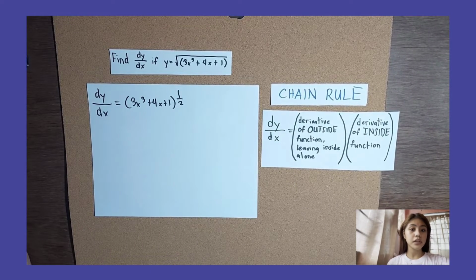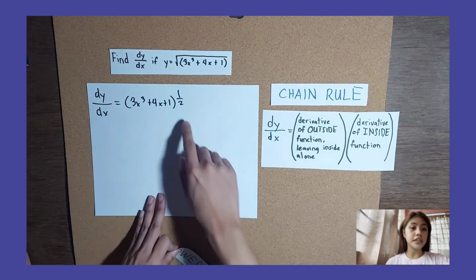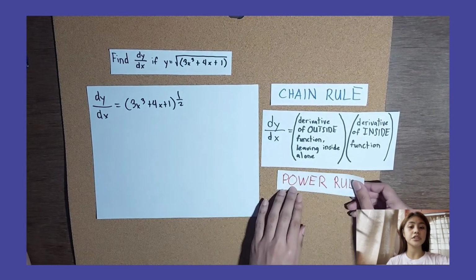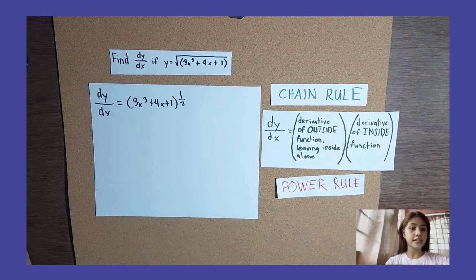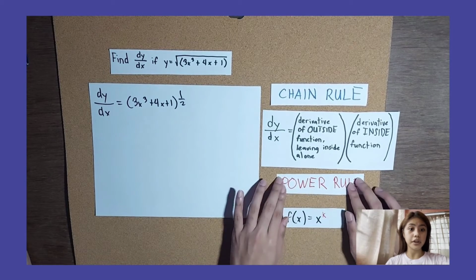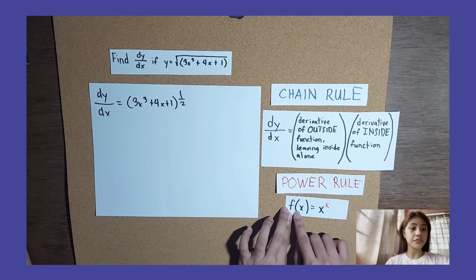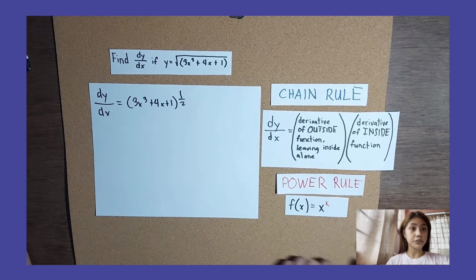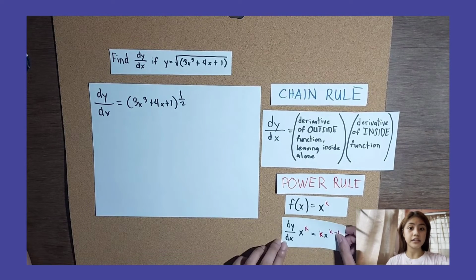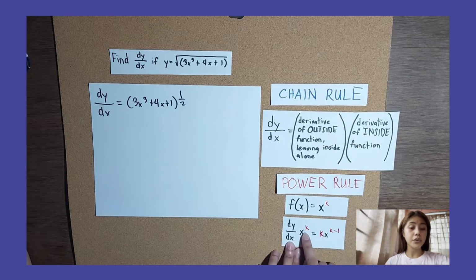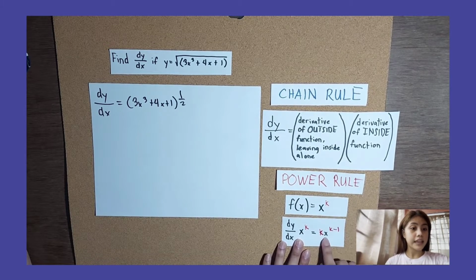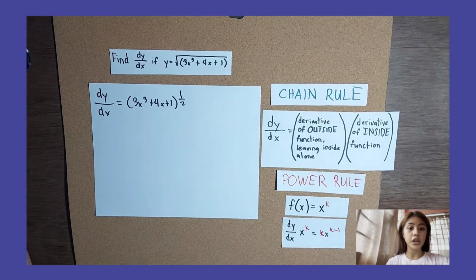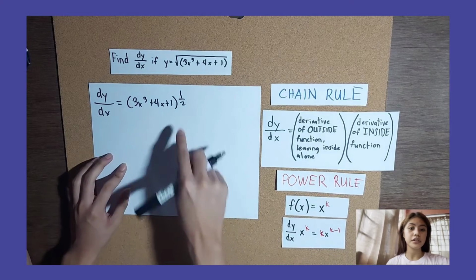To find the derivative of the outside function, we use the power rule, which states that if k is a real number, then the derivative of the function f of x equals x raised to the power of k is equal to k times x raised to the power of k minus 1, where k is a real number.